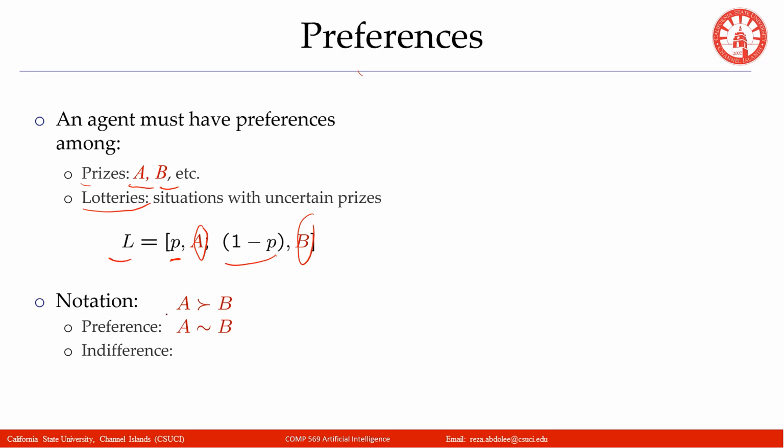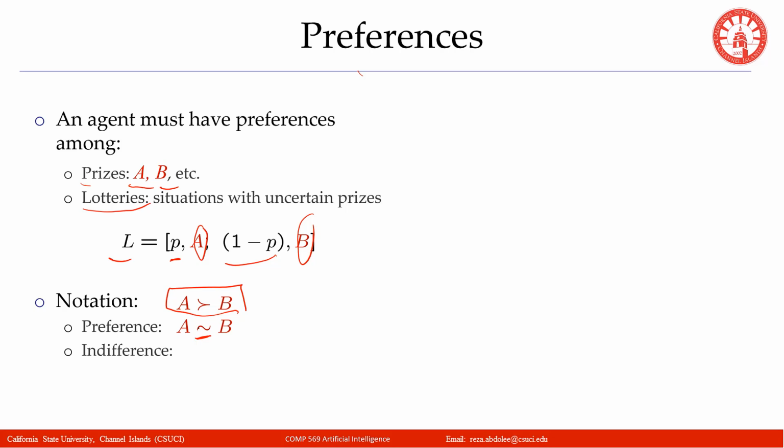Then we have a new notation here. A greater than B means that the agent prefers A over B, and this tilde sign means that the agent is indifferent between A and B, so it doesn't matter which choice.